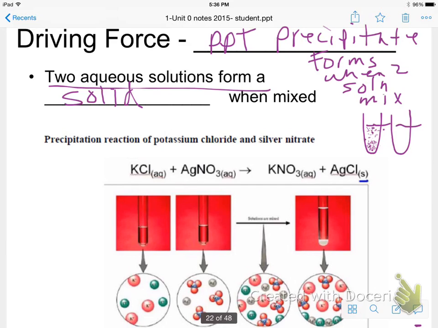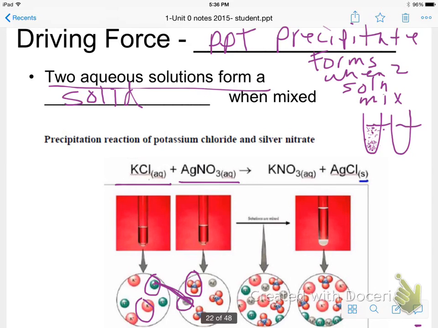So here's a typical precipitation reaction. I take potassium chloride, and if I look at potassium chloride aqueous, I have potassium ions and chloride ions floating around. I add aqueous silver nitrate, and again I have silver plus. Now the waters that are hydrating this, surrounding this, don't show, just for simplicity. And then I have the nitrate ions floating around. And when they mix, what happens is when the silver and the chloride collide, they are attracted to each other.